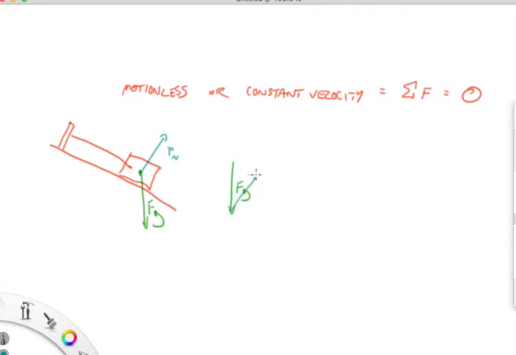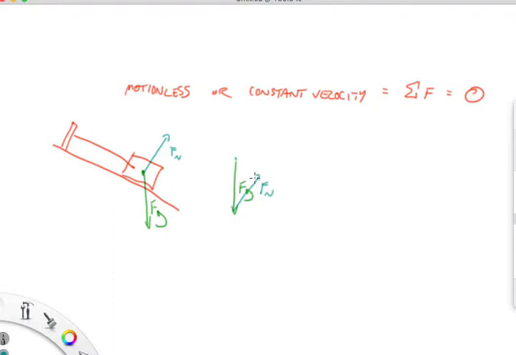Now we have Fn going here. So we've just added those two vectors. We started from here, and then we added them and they got to here. So right now, our overall resultant is right there. Whoops, should be straight. That is our resultant vector.